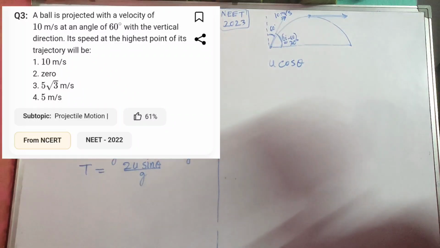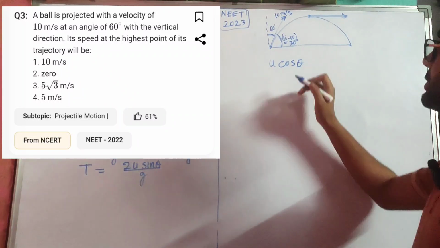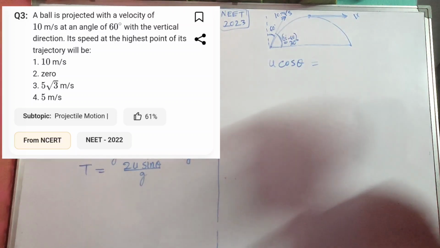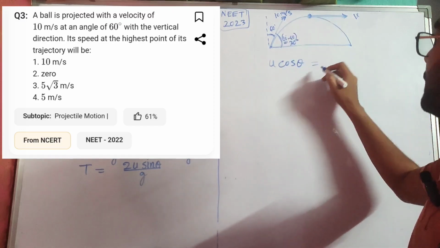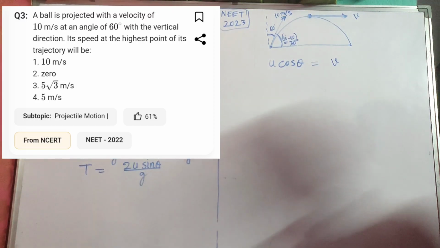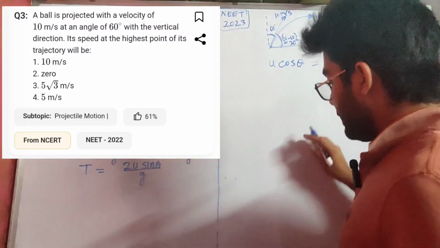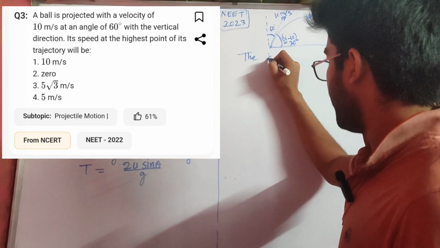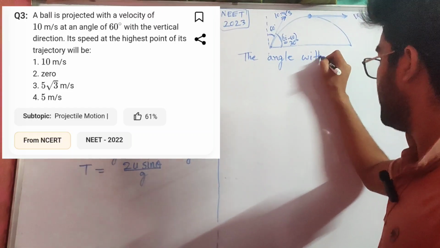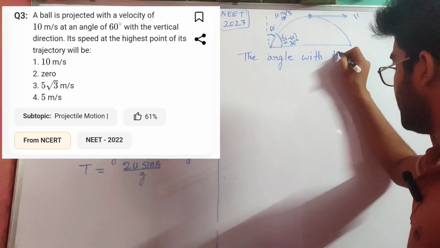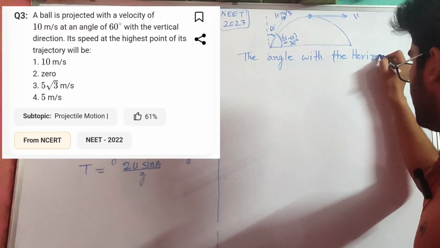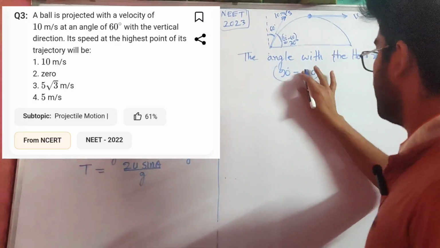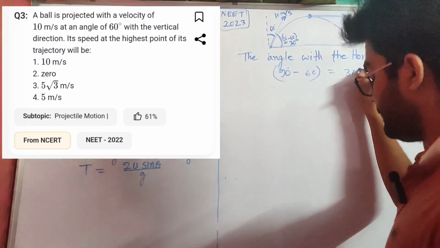The component of initial velocity along the horizontal line, u cos theta, is the velocity at the highest point, v, along the horizontal axis. The angle with the horizontal is 90 minus 60, that means 30 degree.